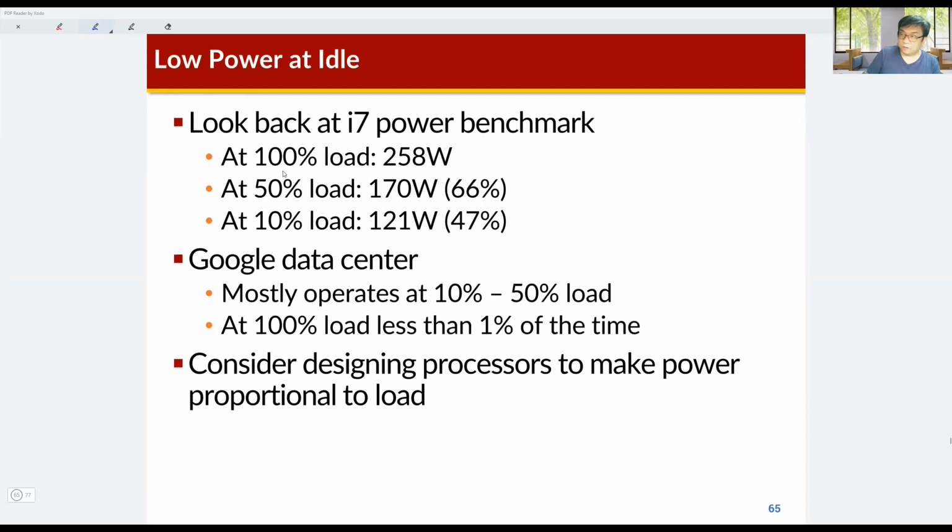So if the target load is 100%, the power consumption is 258 watt. At 50%, it's 170 watt, which is 66% of the maximum power consumption. If the target load is 10%, the power consumption is 121 watt, which is 47% of the maximum power. So what is observed?